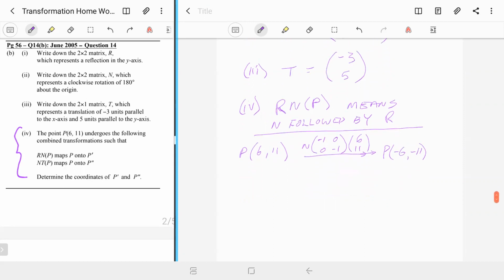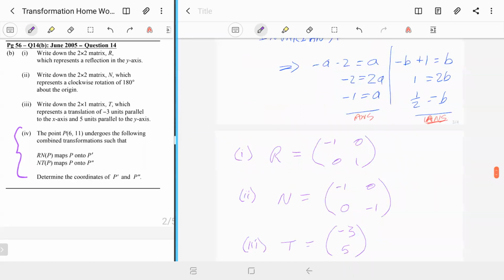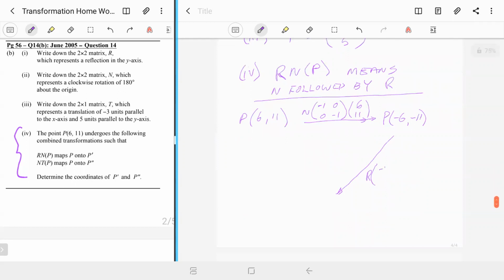After we do that, now we have to apply R next. R is the reflection in the y-axis, which is -1, 0, 0, 1.